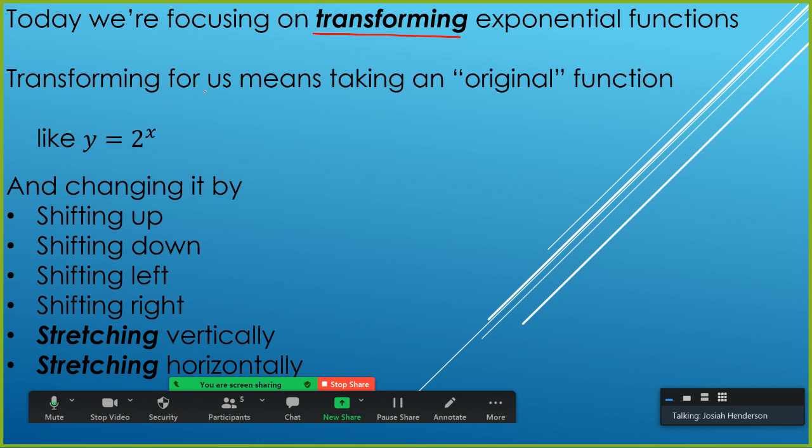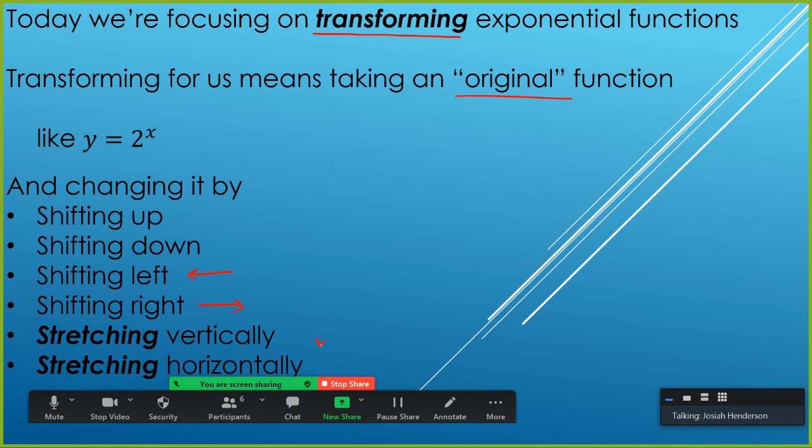Transforming for us in math means taking the original function, for example y equals 2 to the x, the one we've been working with a lot, and then changing that by shifting it up, shifting it down, shifting it left or right. And it also includes stretching it vertically or stretching it horizontally.